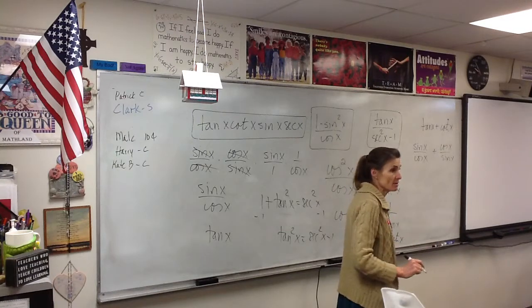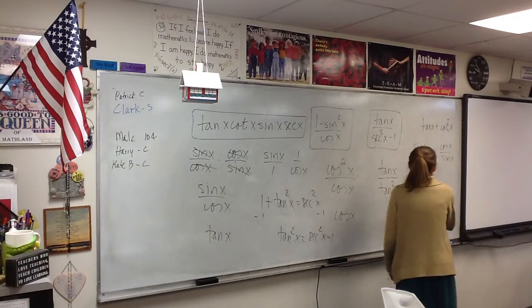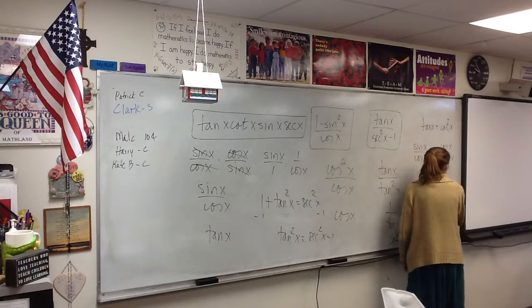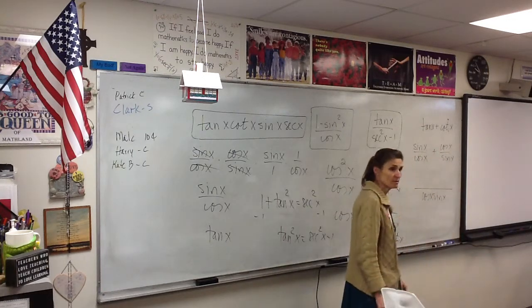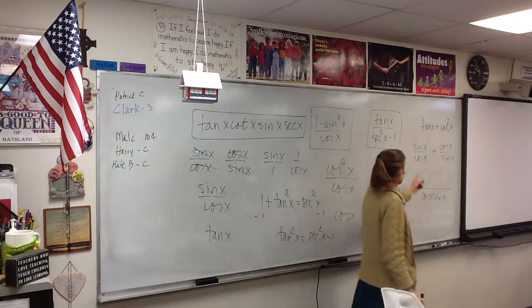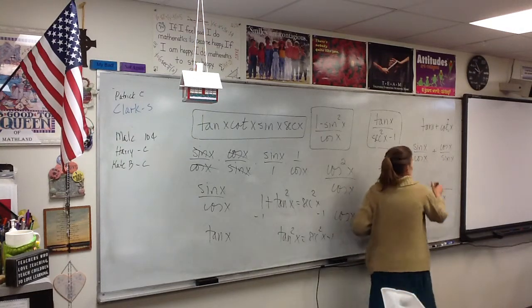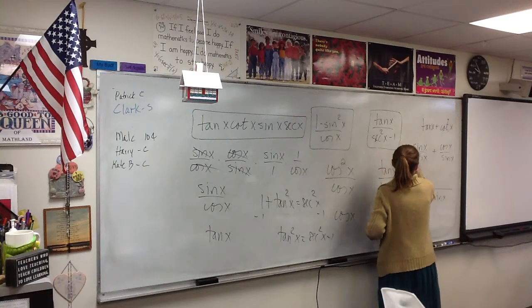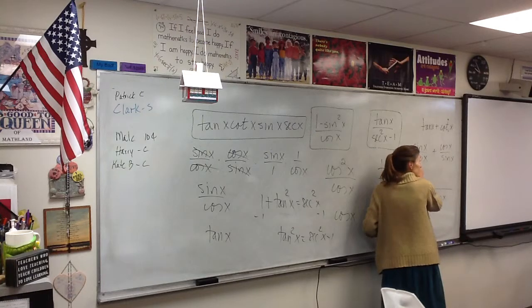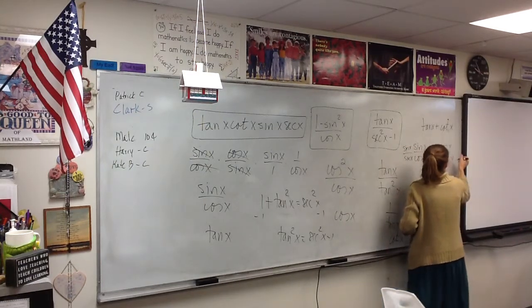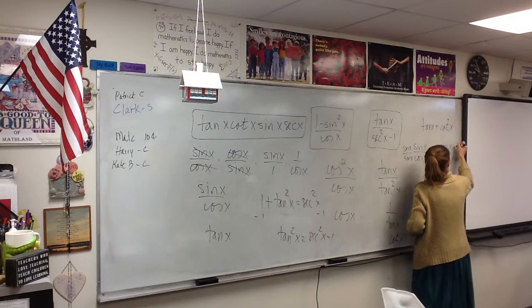Common denominator. So our common denominator will be a cosine and a sine, right? That will be our common denominator. So add these 2 together. This one needs to be multiplied by sine over sine, because it needs a sine. This one needs to be multiplied by cosine over cosine.